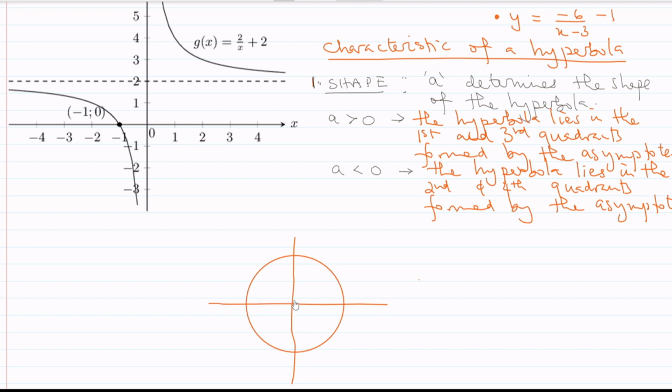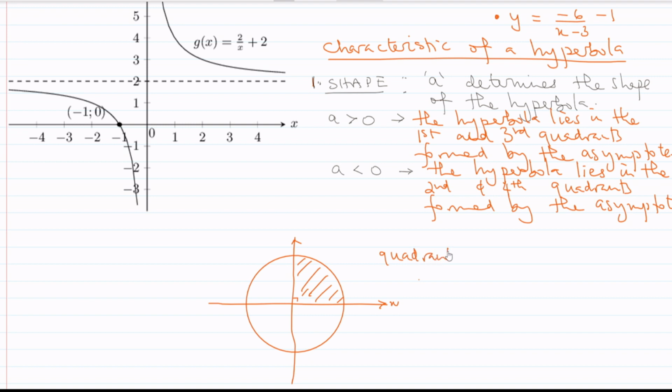They will meet at 90 degrees, as we know. This is the x-axis and this is the y-axis. This region here that we have, that portion of the circle, we call it a quadrant.